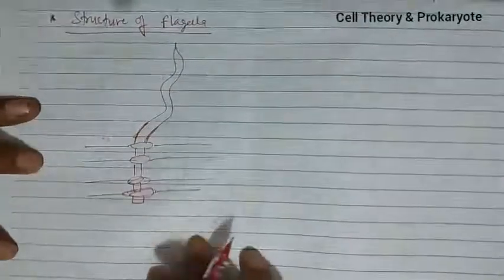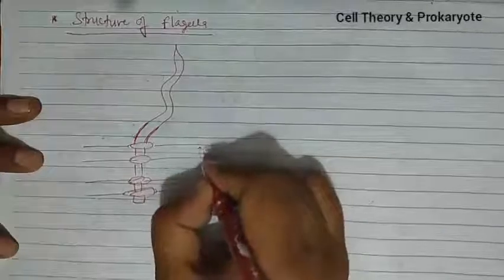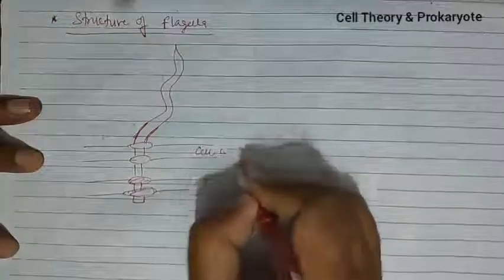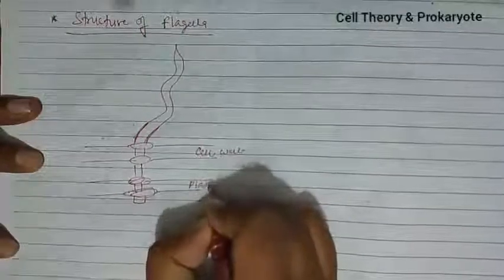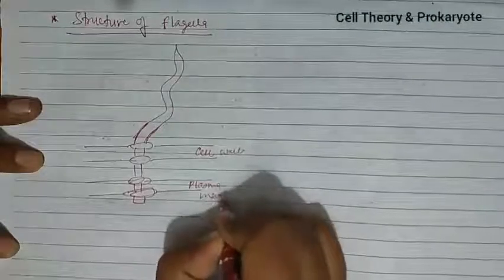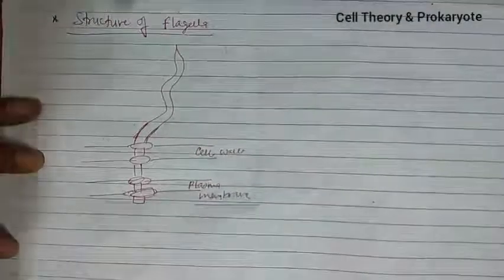Like this flagella is visible. This is the cell wall and this is the plasma membrane.